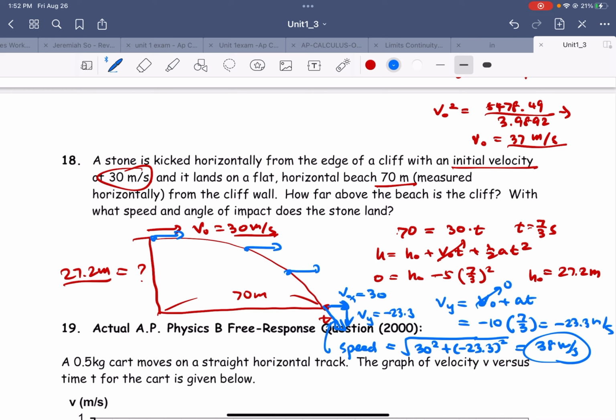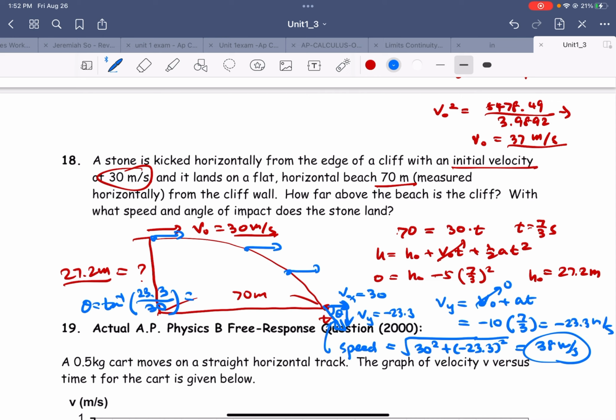Now, what is the angle it hits at? You can see the angle right here. That's theta. So theta is the inverse tangent of opposite over adjacent. So you can say 23.3 over 30. Okay, let's use a calculator for that.